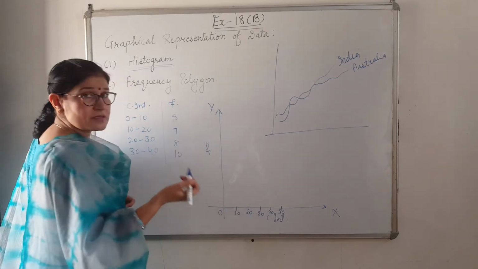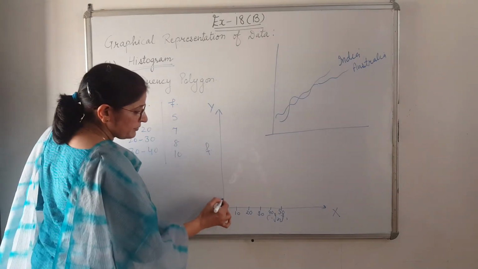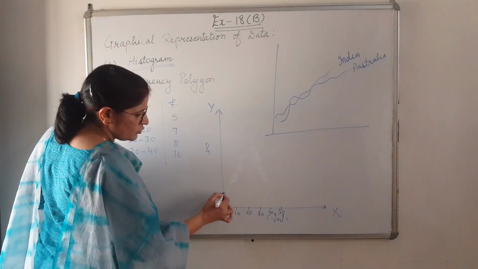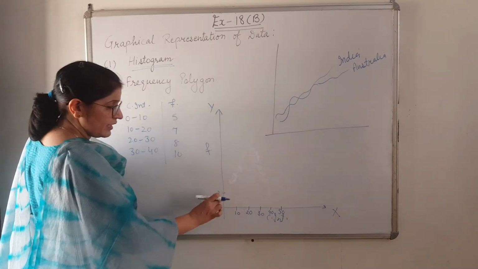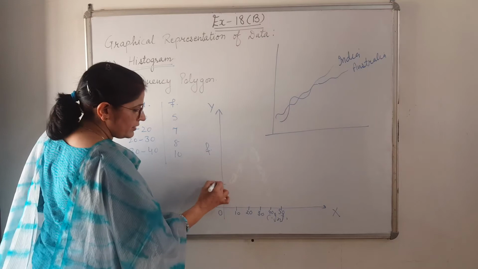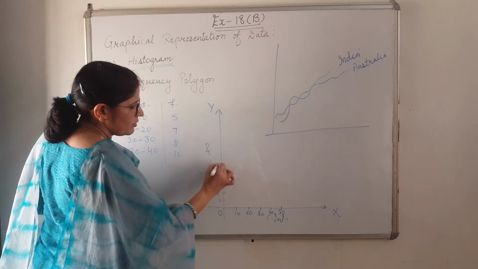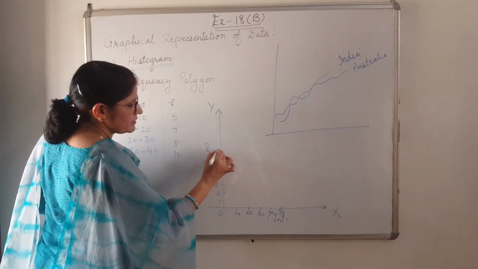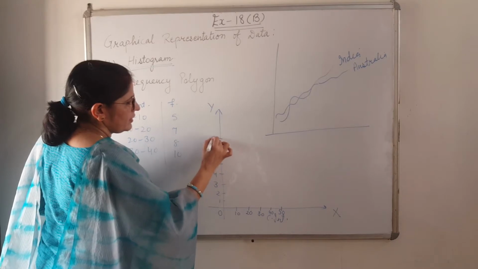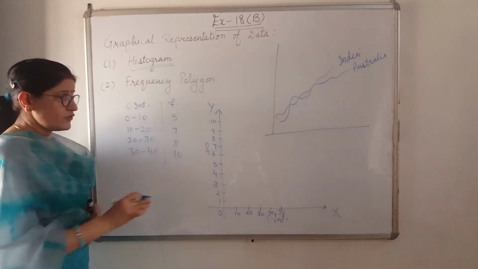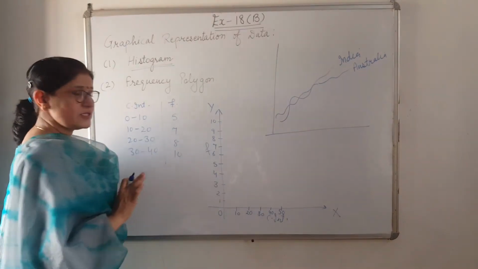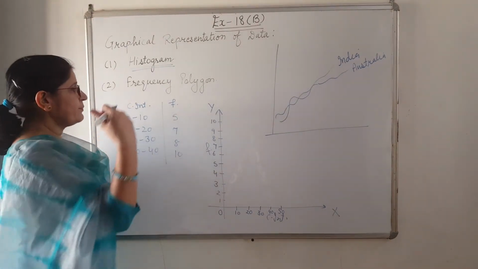So if you are taking small 5 boxes as 1, that means within this 1 unit you can take 2 numbers: 3, 4, 5, 6, 7, 8, 9, 10. After these two things are done, what will we do?